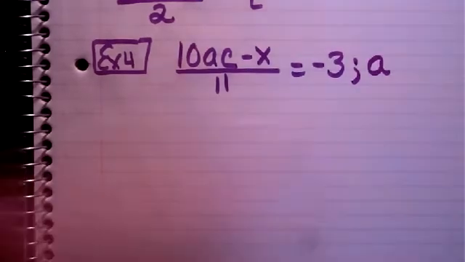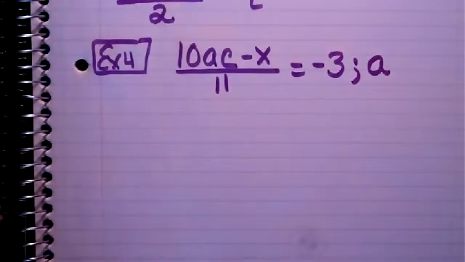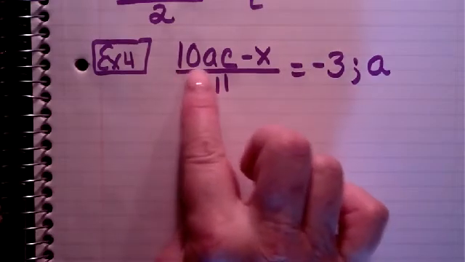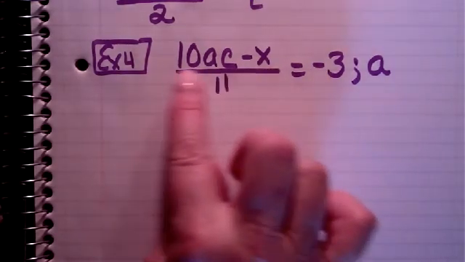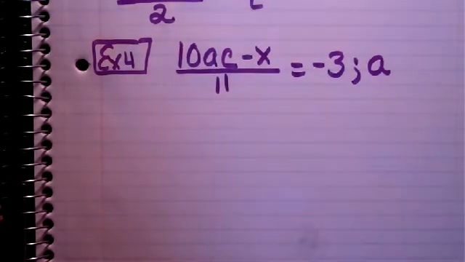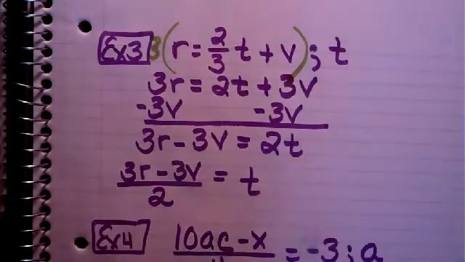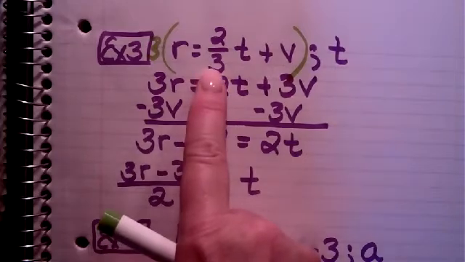Now, I'm going to handle that fraction just a tad bit different here because I have the 11 dividing the whole entire side. Since it's dividing the whole entire side, which is different than number 3 right here, because in 3, only one term had that fraction.